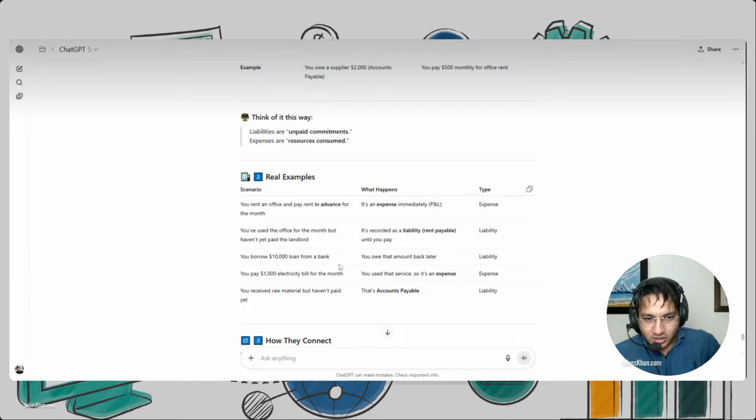You borrowed a $10,000 loan from a bank. You owe that amount back later. Liability. Okay, I borrowed that money, but it means that when I pay that amount to the bank, I will owe that amount. Or there is no liability on me, such as if I get that 10,000 loan from a bank and then buy a machine, and that machine generates me $20,000.